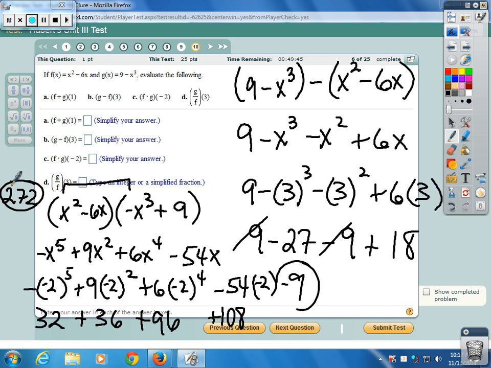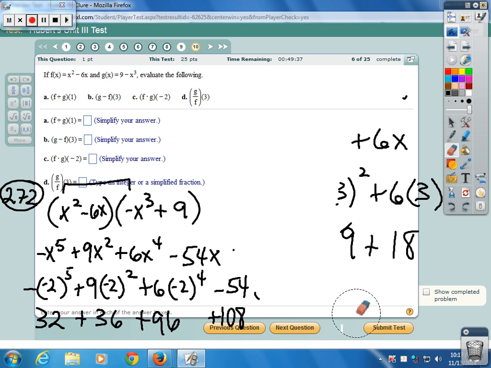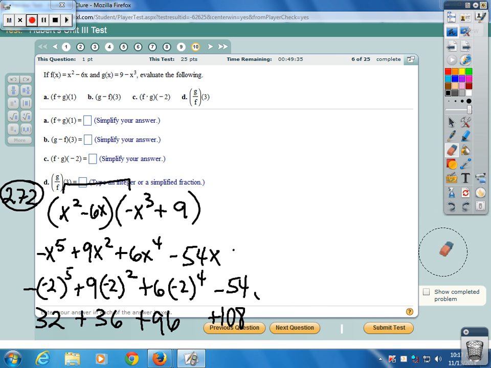All right, let's do multiplication. I meant division. Negative x cubed plus 9 over x squared minus 6x.